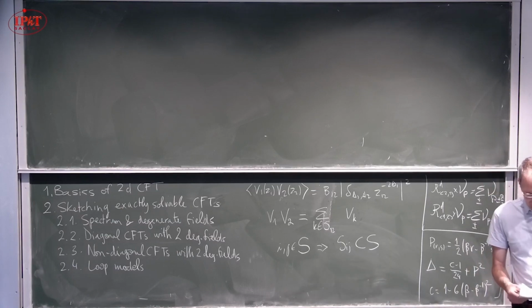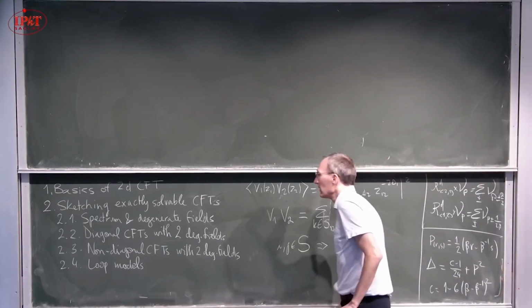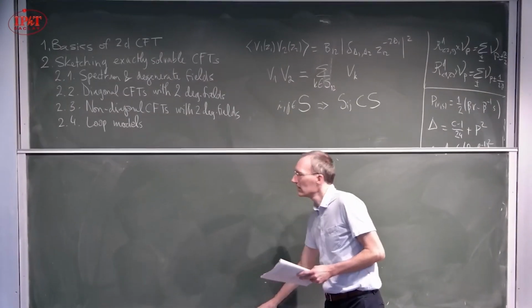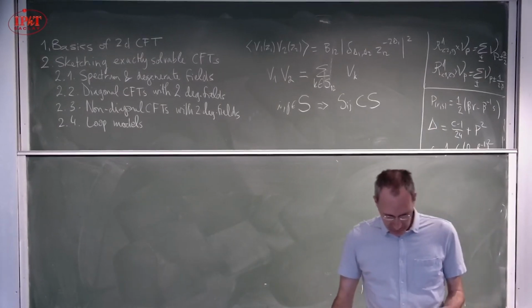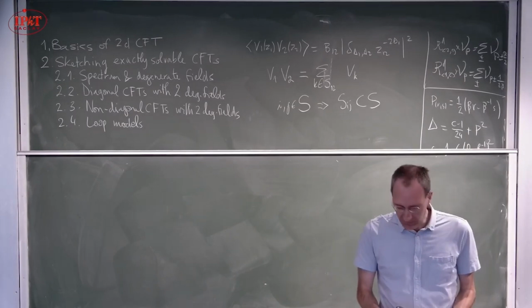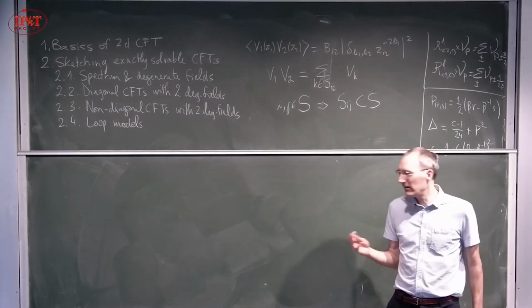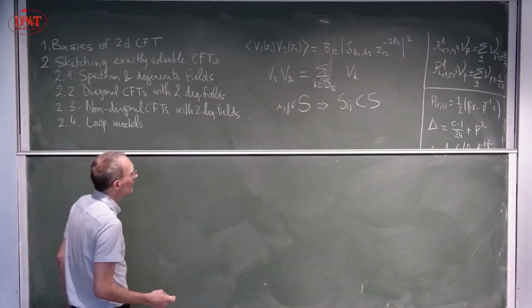So if not, let's discuss a bit more which fields we want to include in our model. We'll start with degenerate fields. But before that, I have to mention an important point, and define what diagonal fields are.